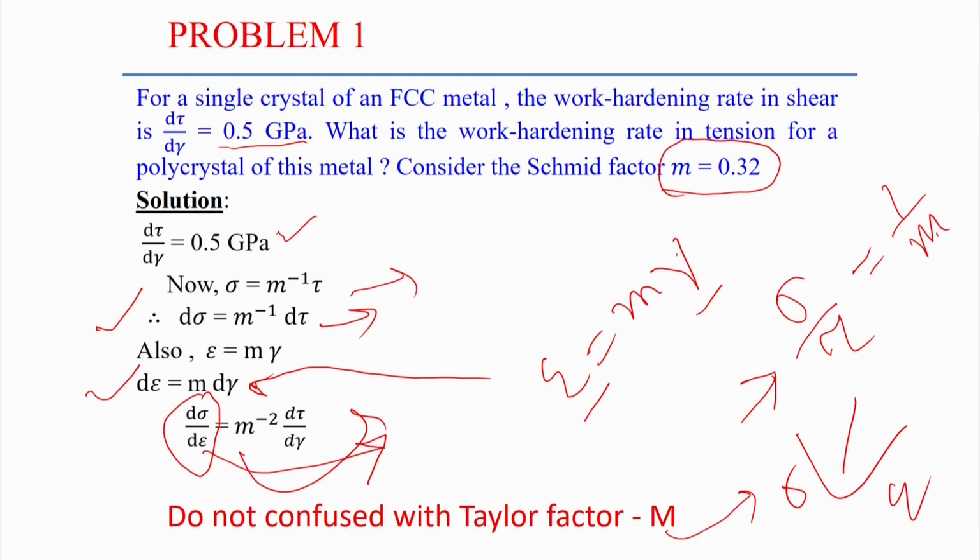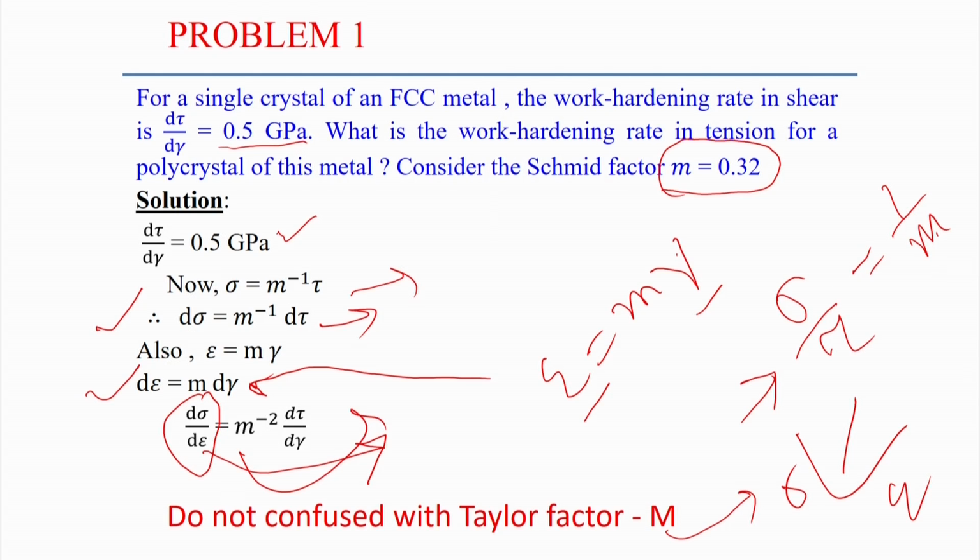We can find the work hardening rate in shear and, in terms of the Schmidt factor, find the work hardening rate in tension. The work hardening rate in shear we can easily find for a single crystal structure, but for the polycrystalline structure, using that value and the simple Schmidt factor, we can find the work hardening rate. So this is one typical example.